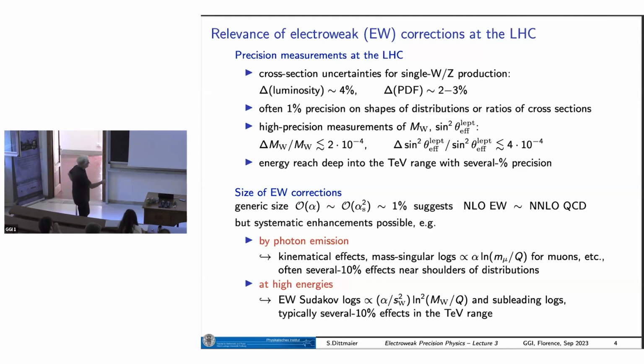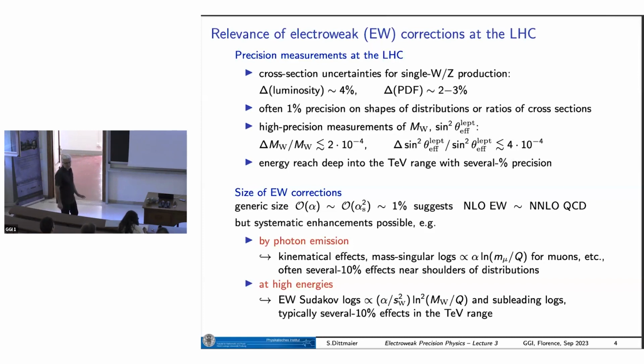That easily gives you 10, 20, even more percent corrections just from photon radiation, which is further enhanced by logarithmic mass singularities, for example, typically of the muon mass over momentum transfer Q times an alpha.